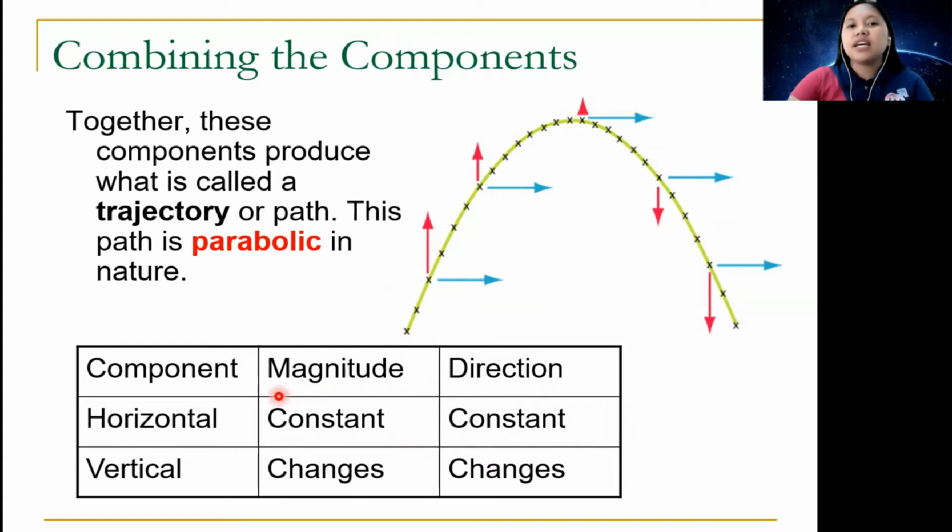As I've said, it is from left to right, it's constant. It does not change, okay? In vertical, the magnitude and direction change. So as you go up in the vertical component, the magnitude decreases, but as you go down, the magnitude increases, okay?